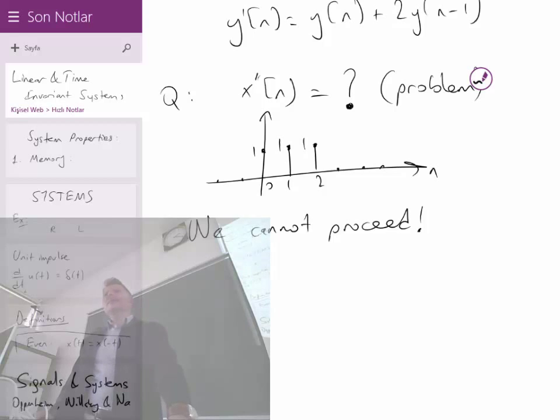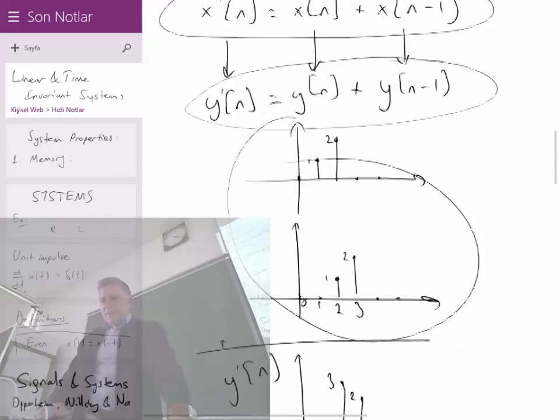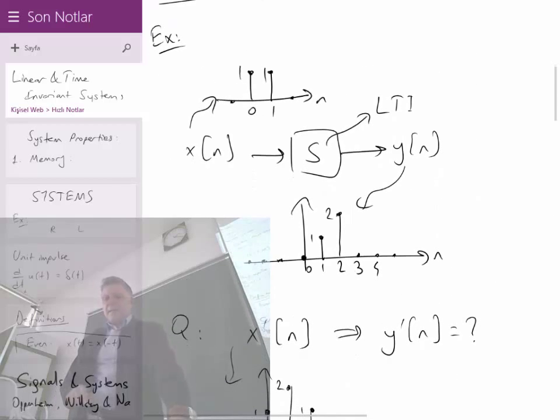So that is a problem about our known signal. Our black box experiment has a flaw. The problem is that this top x of n here is not generic enough. We cannot really express all signals in terms of shifted and scaled combinations of this top x of n.